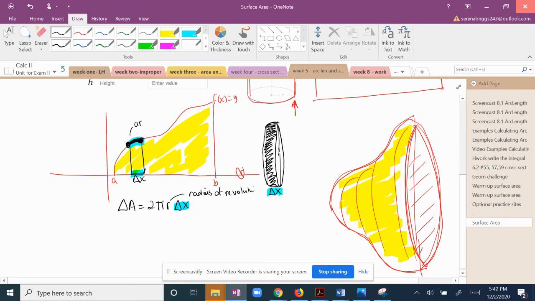That's an arc length. And we find arc length by doing the integral of ds, delta s when we're talking about a little slice. So really, I don't want delta x here. What I want is delta s, and that's going to be my lateral area of one slice.